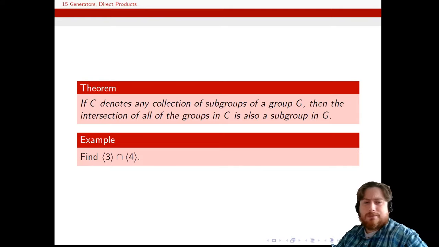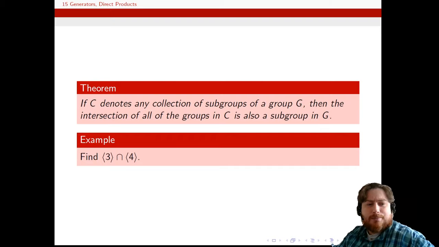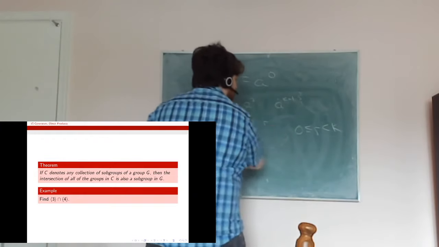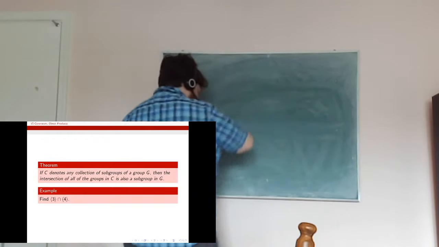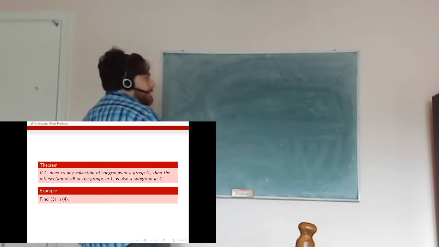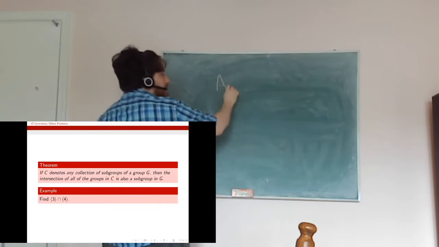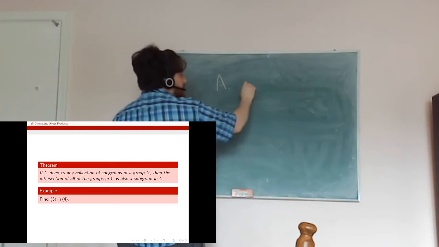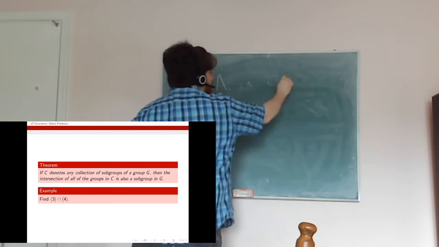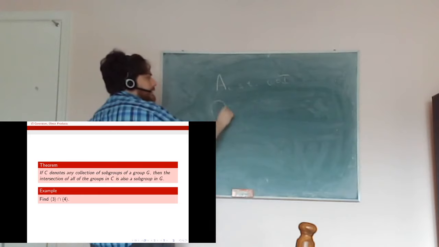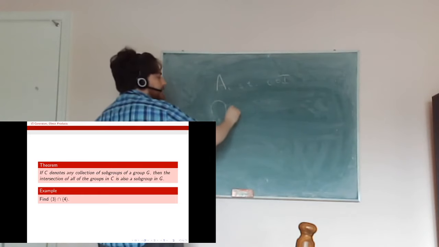All right. Let's actually look at that one. Let you guys think about that as I'm setting up here. So let's give these things names and let's call them A sub i such that i is in I. And what I want to do is find the intersection of all these things.